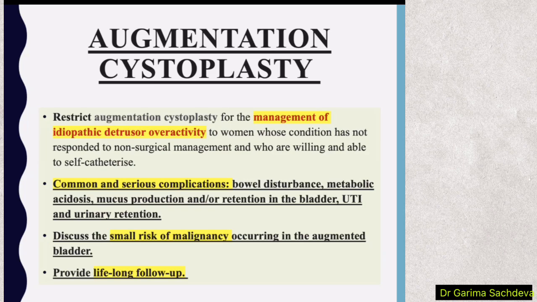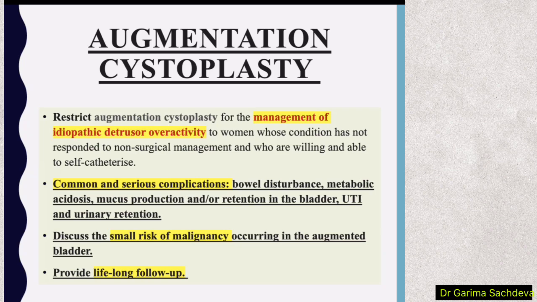Then augmentation cystoplasty. What is done in this? We use it only for the management of idiopathic detrusor overactivity in women whose condition has not responded to non-surgical management and who are willing and able to self-catheterize.